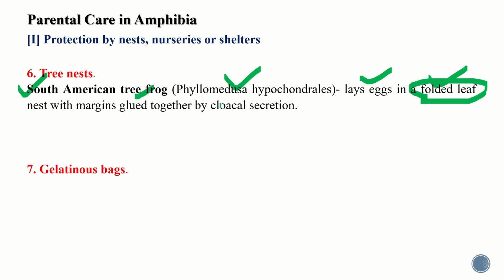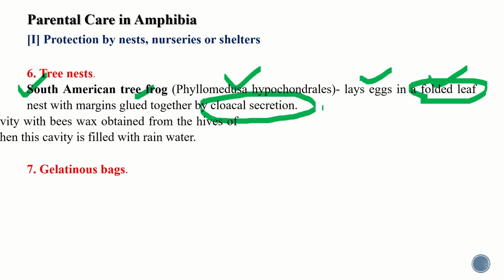The cloacal secretion is secreted by the parent, and with its help the leaf borders or margins are glued together, and in that bag-like structure, the folded leaf, the eggs are laid and develop.